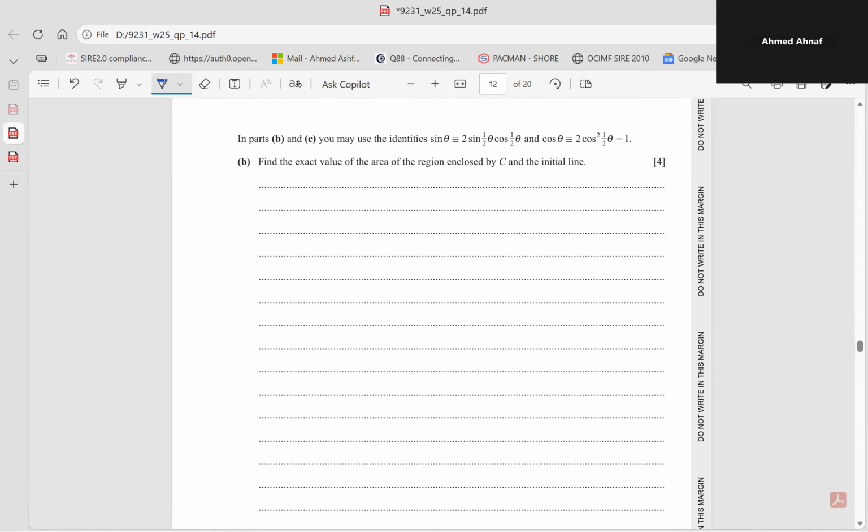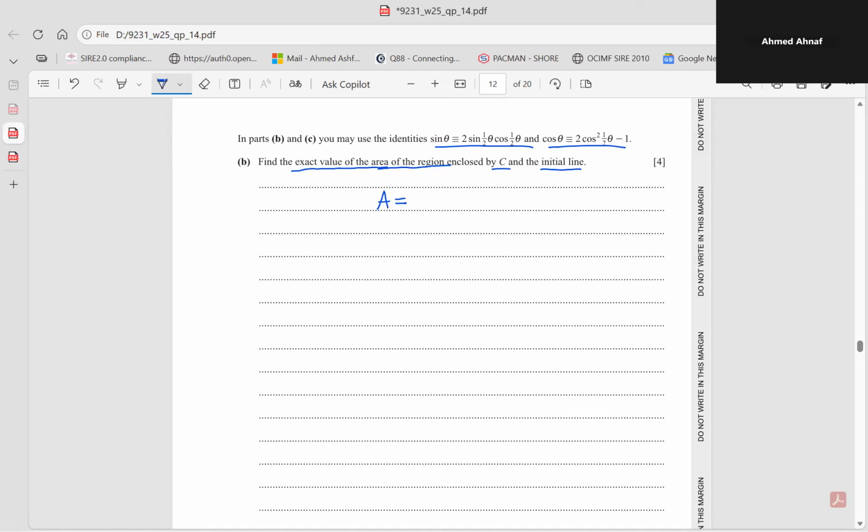For parts B and C, we're given these identities to use. For part B, we are told to find the exact value of the area of the region enclosed by C and the initial line. To find the area enclosed by a polar curve, you have to know this formula by heart.